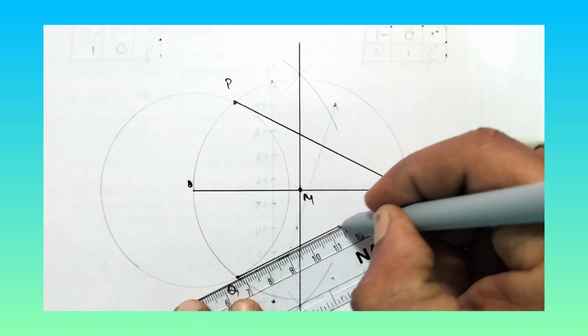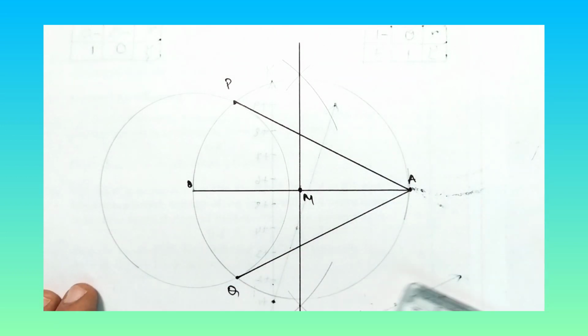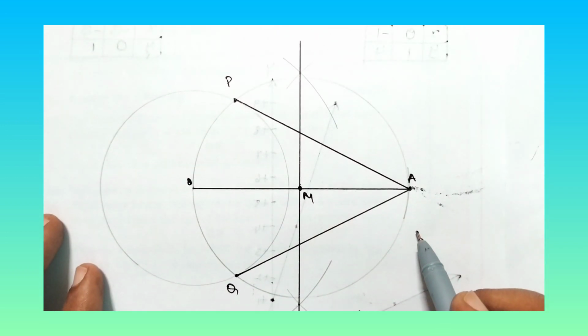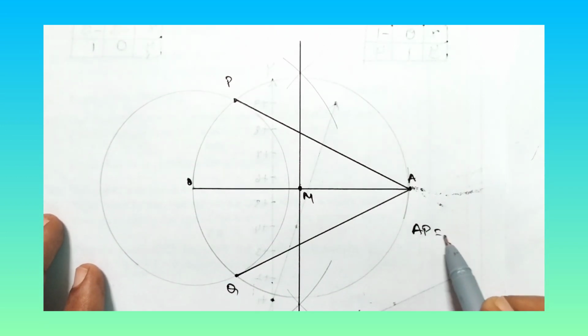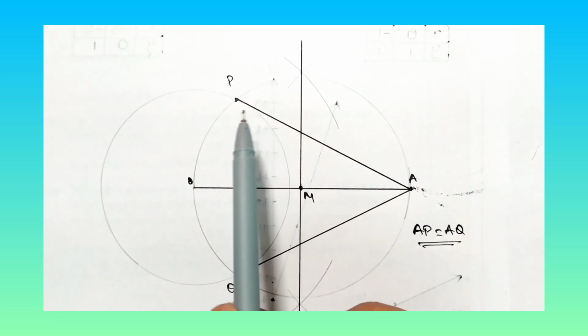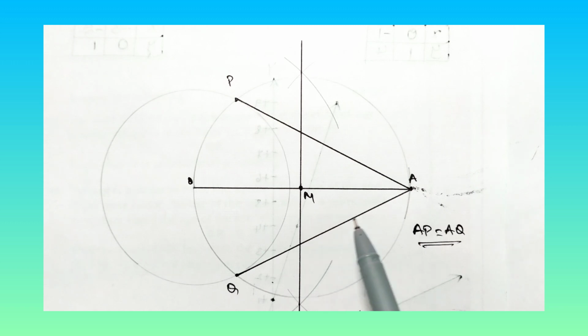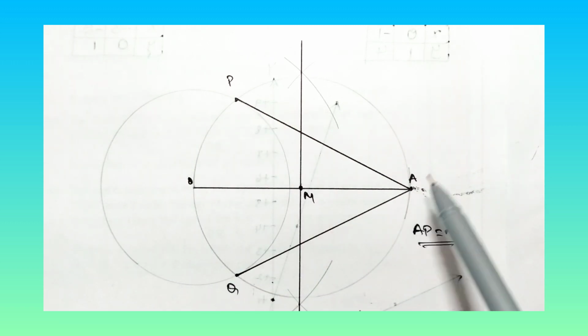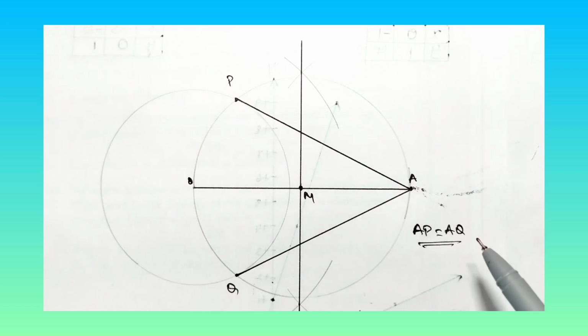So these two are the tangents. Here AP is equal to AQ. The measurements of both the tangents are equal because they belong to the same circle and they are drawn from the external point A. Therefore AP and AQ are equal. So like this we have to construct tangents for the given circle.